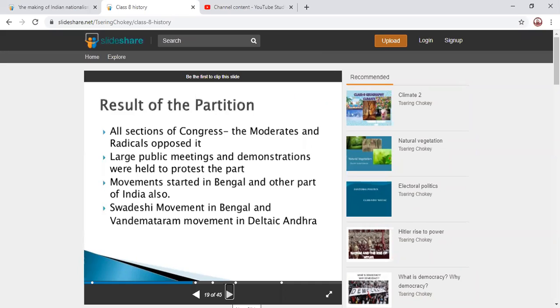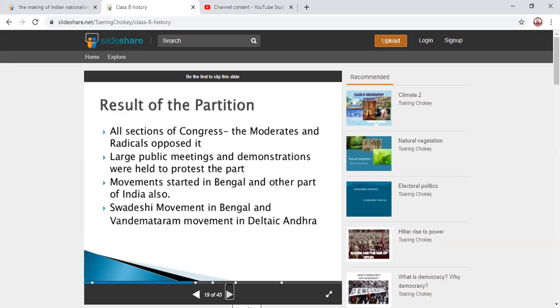There were two methods, Swadeshi and boycott. These were the methods opted by the moderates and the radicals. Swadeshi means to favor the goods produced by Indians, and boycott foreign goods.